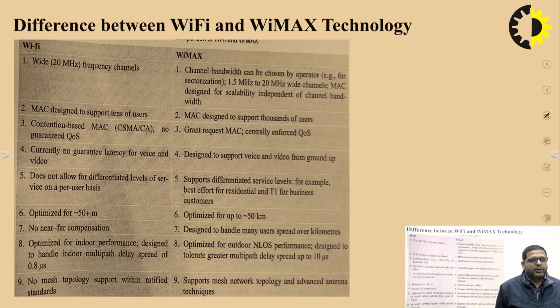WiMAX technology is optimized for a range of up to 50 km, but Wi-Fi is optimized for 50 plus meters. In Wi-Fi technology, there is no compensation for near and far, but WiMAX is designed to handle many users spread over kilometers. In Wi-Fi technology, no mesh topology support within ratified standard, but WiMAX technology supports mesh network topology and advanced antenna techniques.